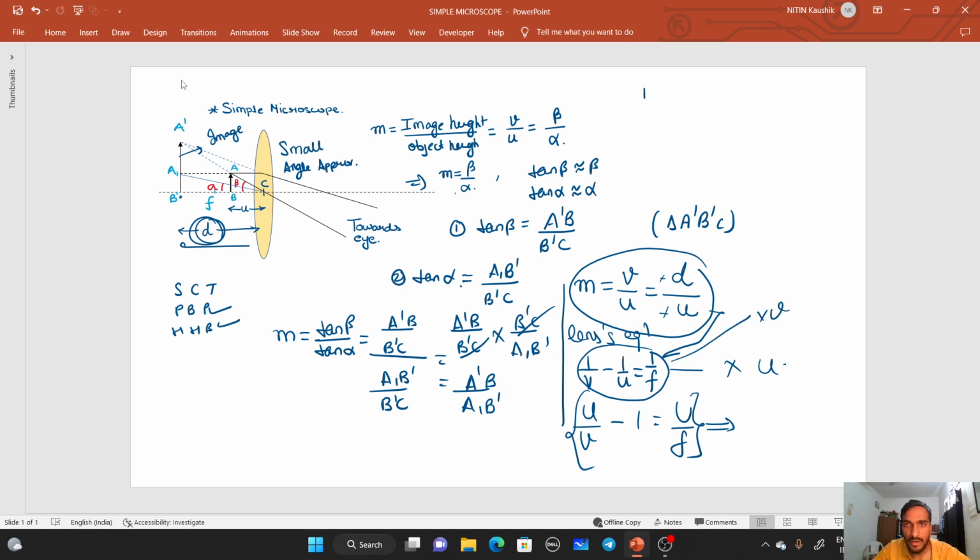So I will get 1 minus v by u is equal to v by f. So this equation becomes 1 minus d by u, that is equal to v by f. So this is how we can simplify the equation, right? So this is the equation of magnification. So this is how the magnification of the simple microscope can be obtained.